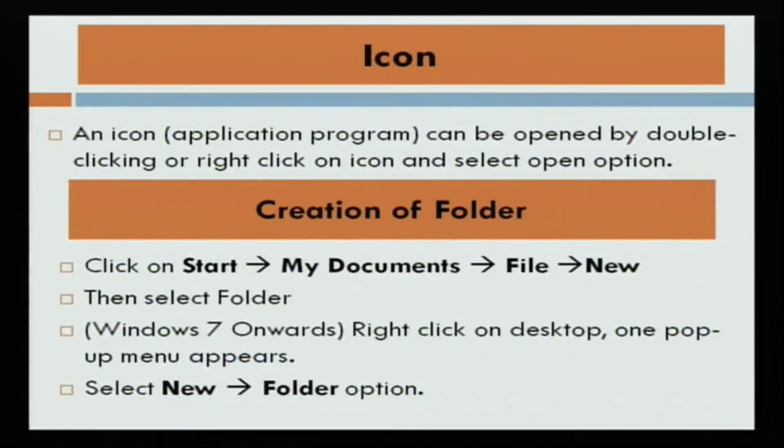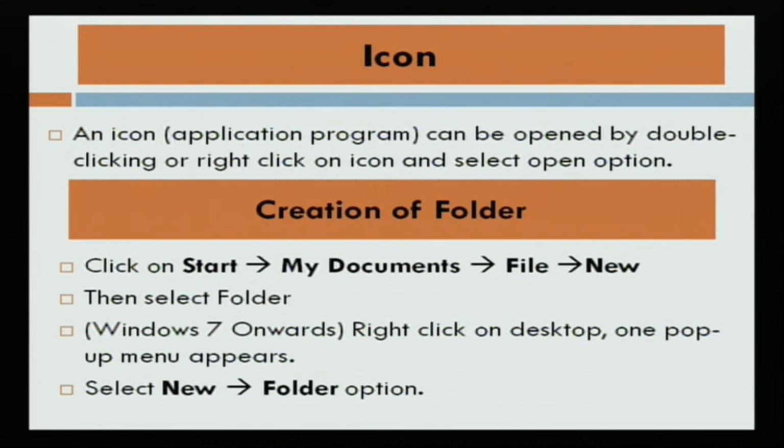Now we will see how to create a folder on our desktop or on our computer. If you are using previous versions of the operating system, then you will get a start button on your desktop. You have to click on the start button, then go to My Documents.